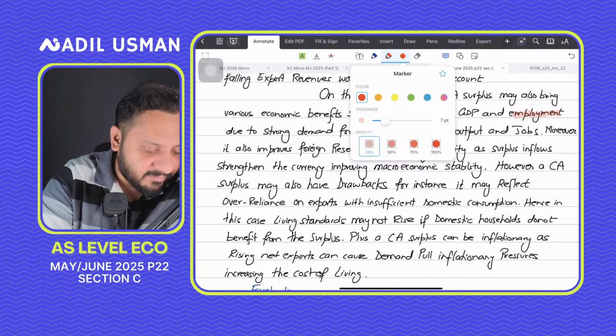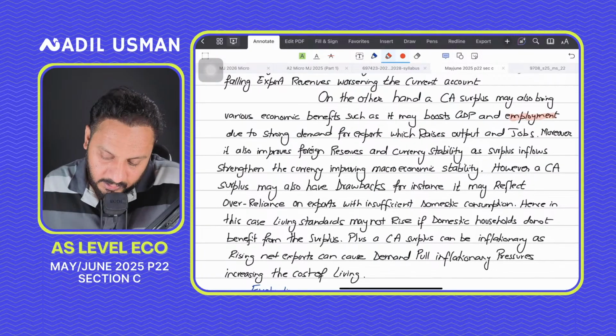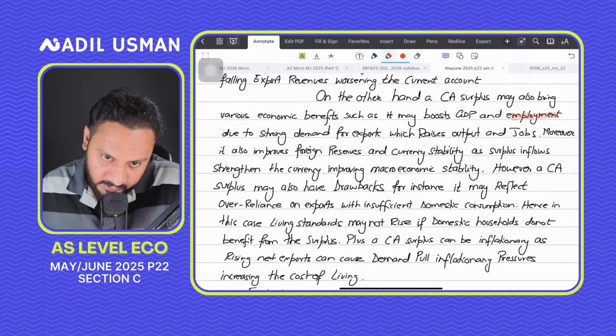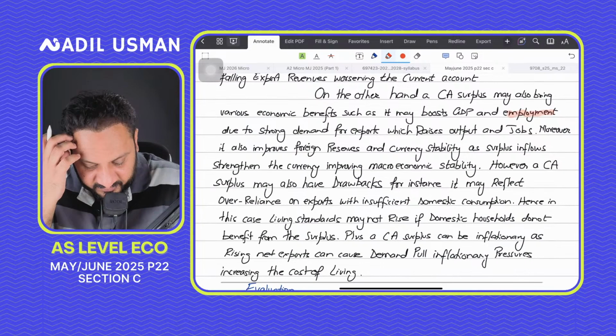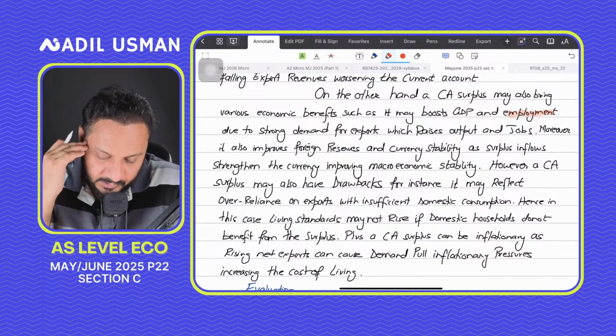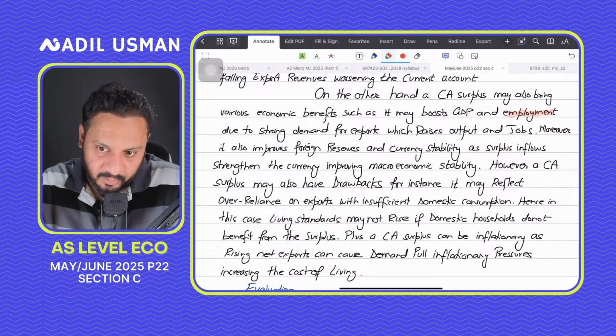Mention why your demand for exports would ultimately end up raising output and jobs, right?